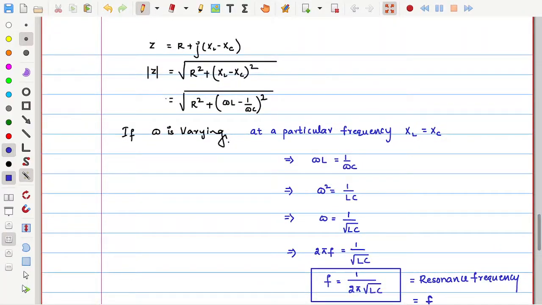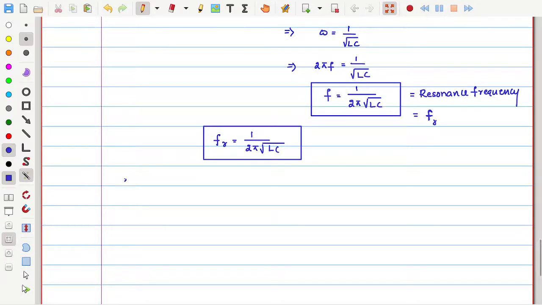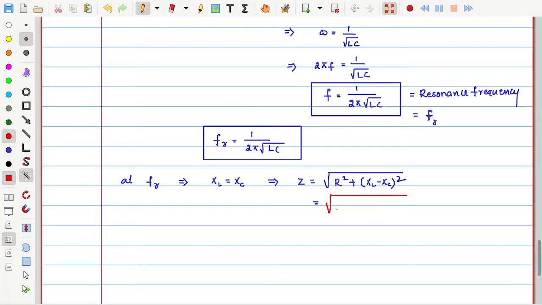This is the impedance, which is mod Z. At this frequency F_R, XL is equal to XC, thereby the total impedance of the circuit is the square root of R square plus (XL minus XC) whole square, which is equal to the square root of simply R square, since XL is equal to XC and this term goes to 0.